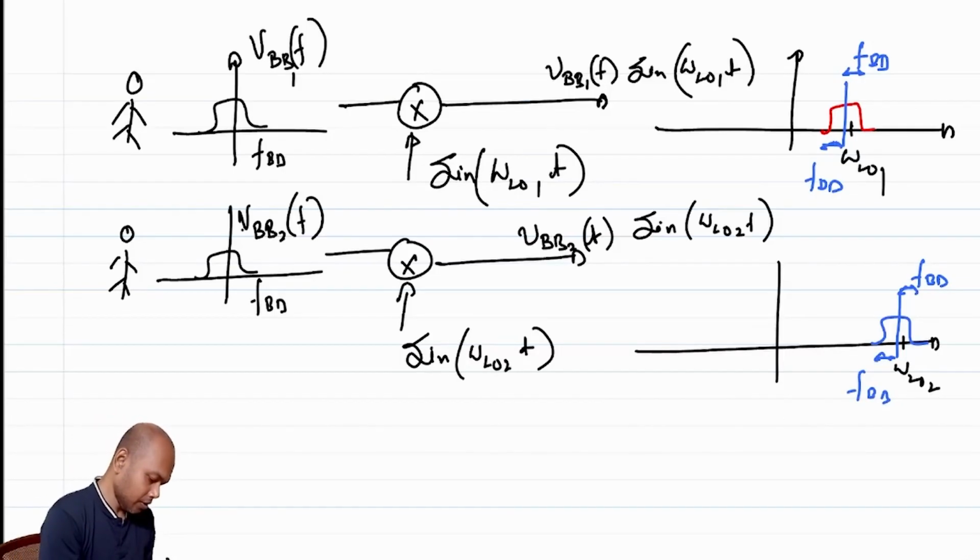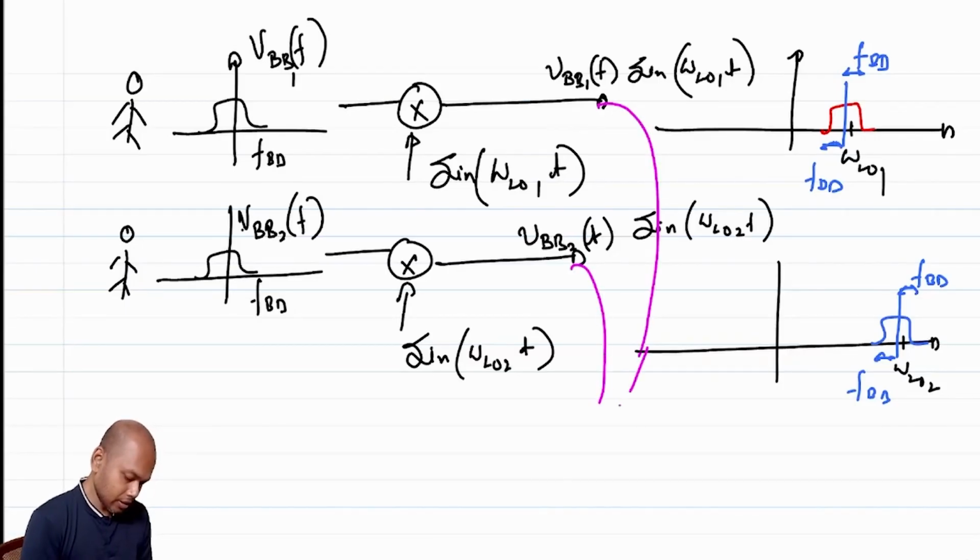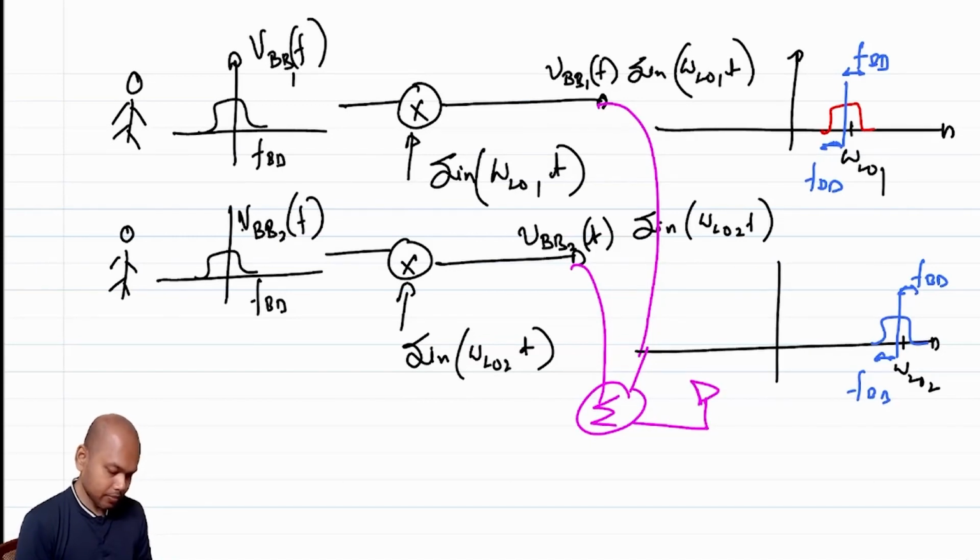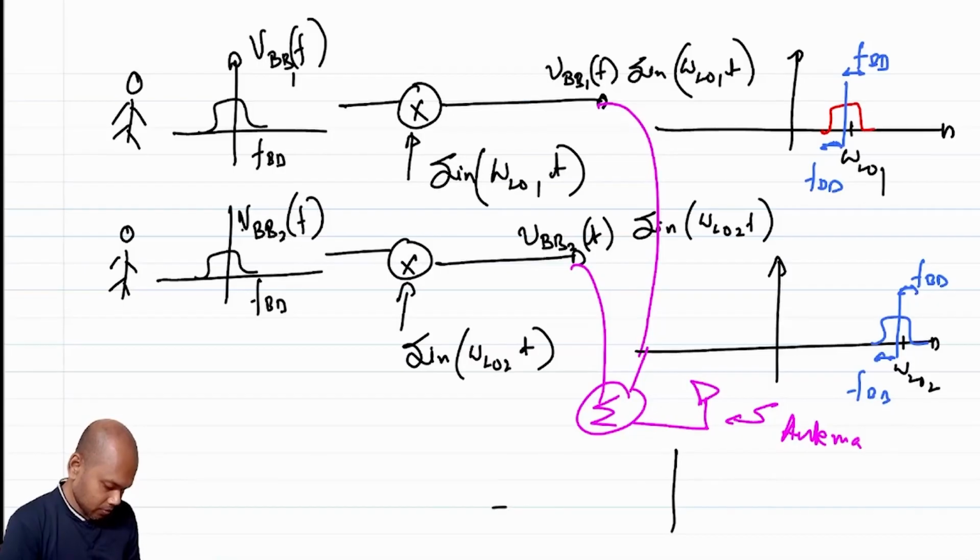Now if both these are connected, let's say I add them up and send it to an antenna. This is an antenna. So in the wireless channel, what are you going to see? We are going to see a spectrum around omega LO1 and a spectrum around omega LO2.